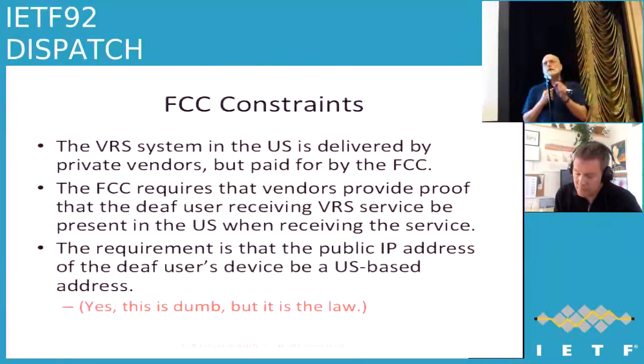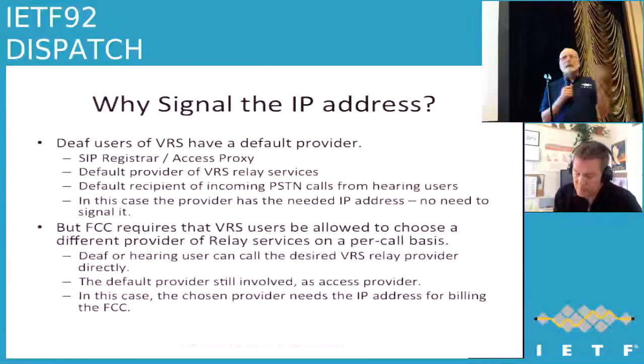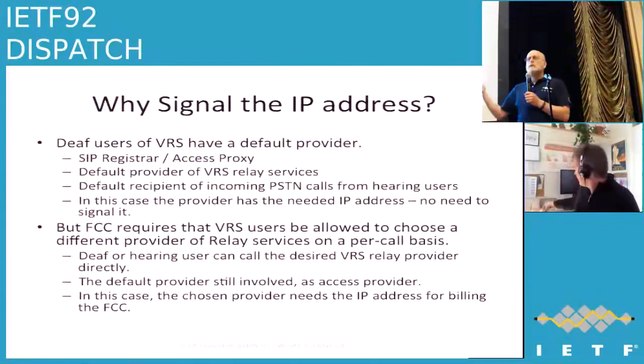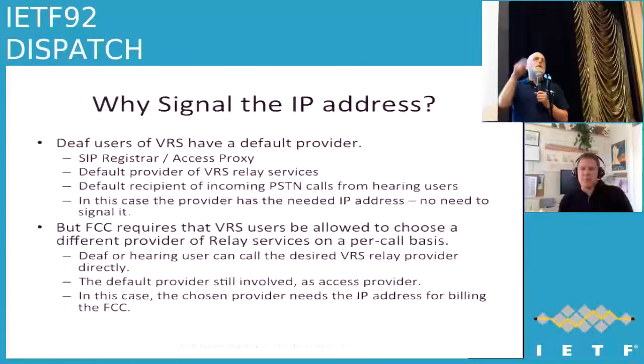But the law itself, beyond the regulation, has provisions that say that users, both ends, the hearing user and the deaf user, can choose which provider of interpreters they want for every call. If you remember how long distance used to work, you used to be able to do a per-call choice dial-around long distance carrier. This is exactly the same characteristic. On a per-call basis, you can choose which provider provides the call.